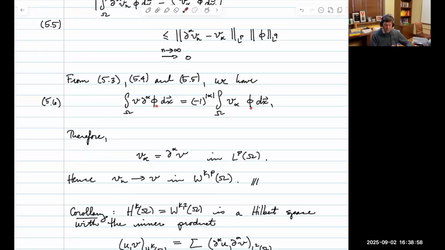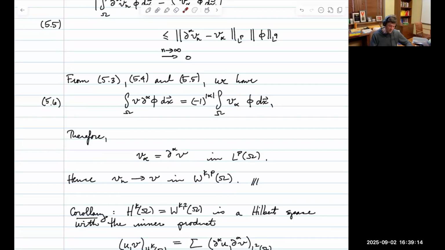Phi was absolutely arbitrary. So this says that each one of these V's is weakly differentiable, and its derivative has to precisely be that. So these two functions have to be the same in L^p.